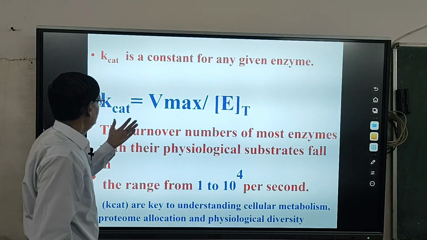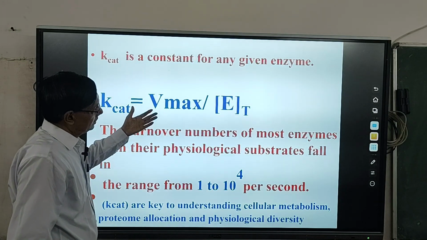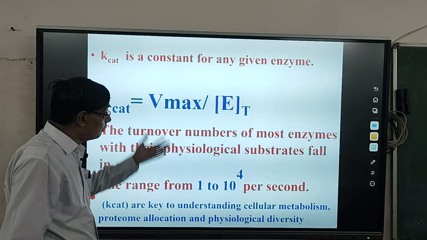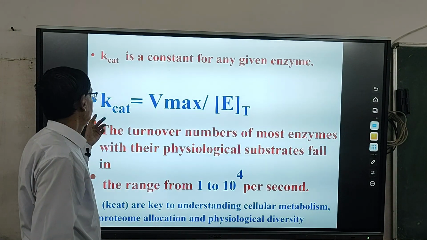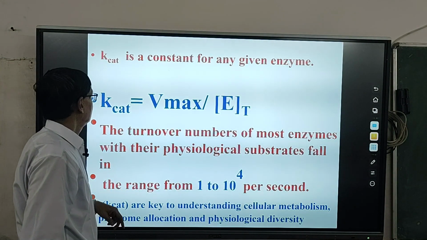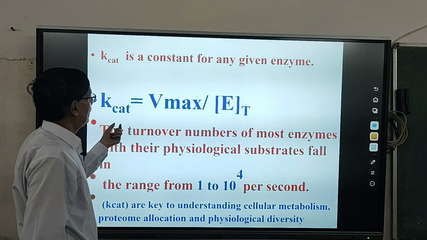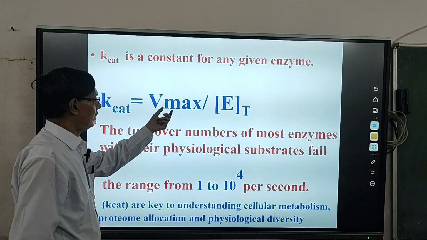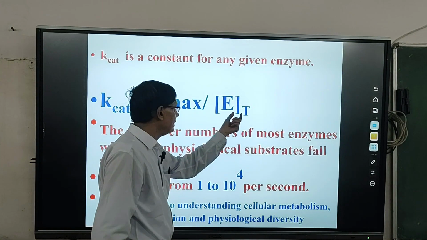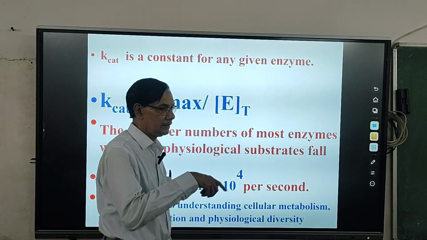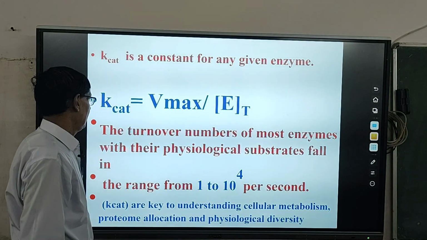So therefore, and this, again, is a probability of a numerical question in your examination or like that. How do you calculate this K catalytic? So K catalytic can also be calculated with the help of V maximum, again that is K2 E0, divided by total enzyme concentration. So you can get the value of the K catalytic.